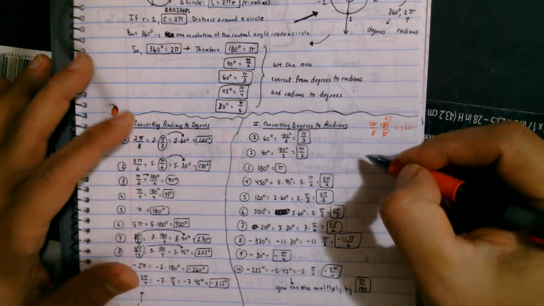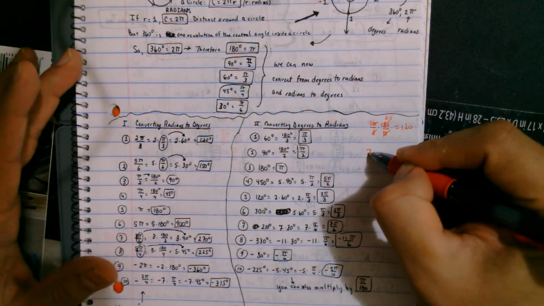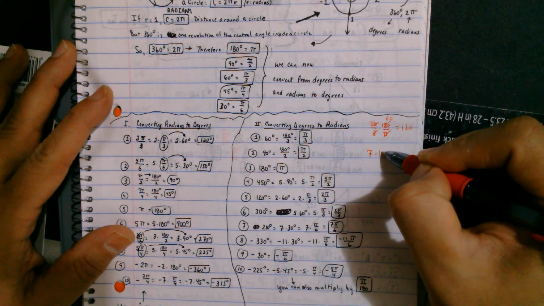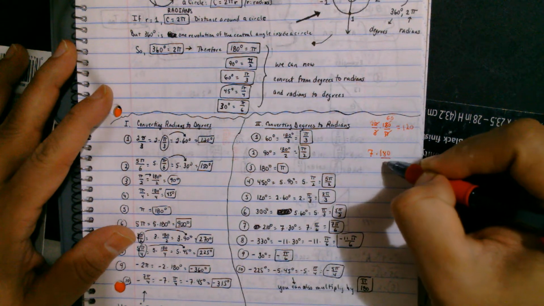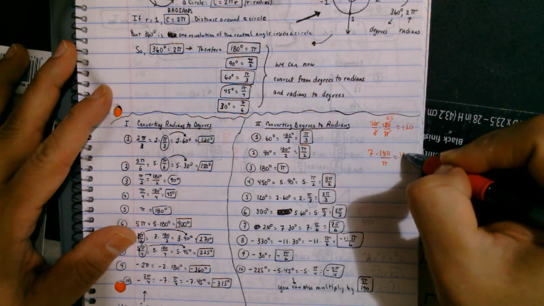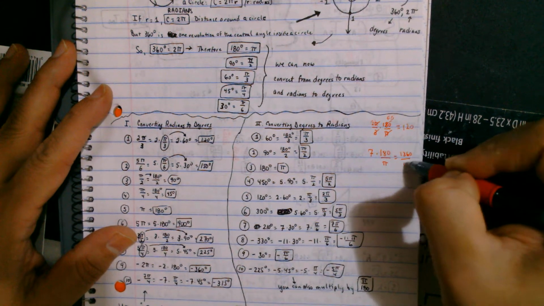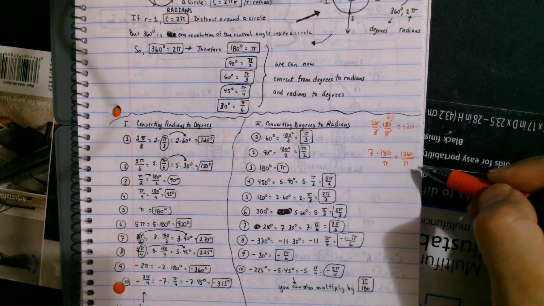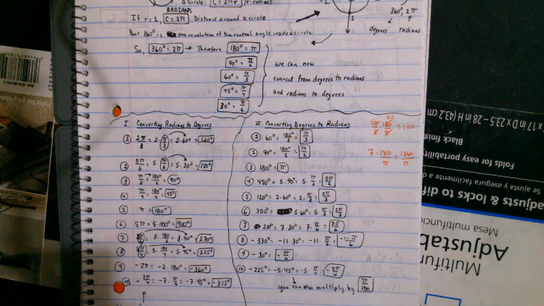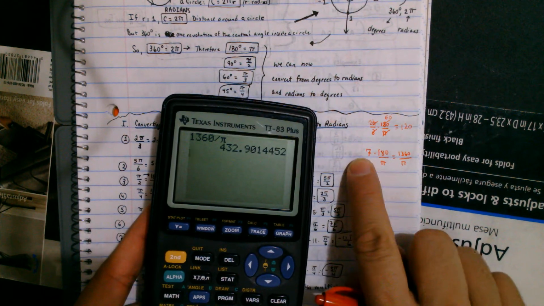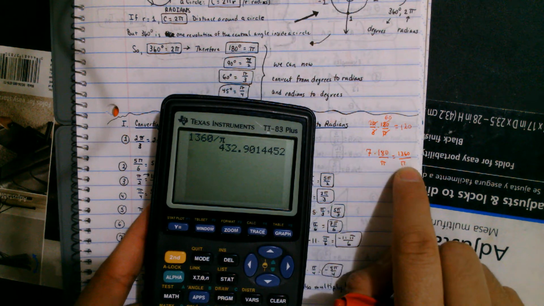But sometimes they just say, well, what about 7? What if it didn't have a pi in the problem? Well, in that case, you would actually have to do 180 over pi. This essentially would be 1260 over pi. Now, pi is understood to be the relationship 3.14 dot, dot, dot. So if I take 1260 and divide it by pi, you see 7 would be about 432.9 degrees.